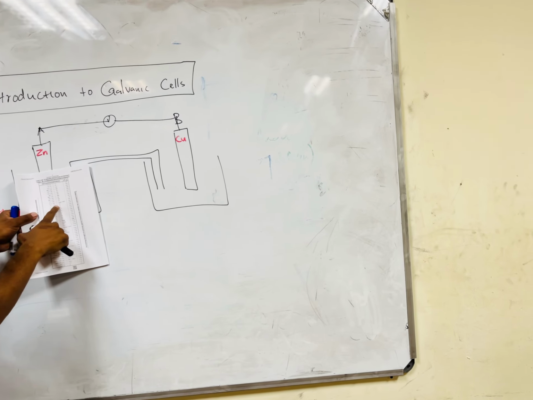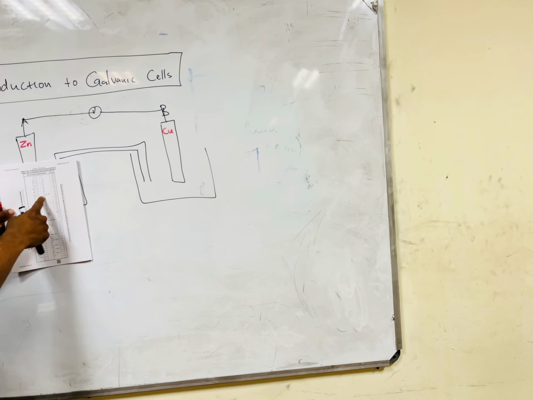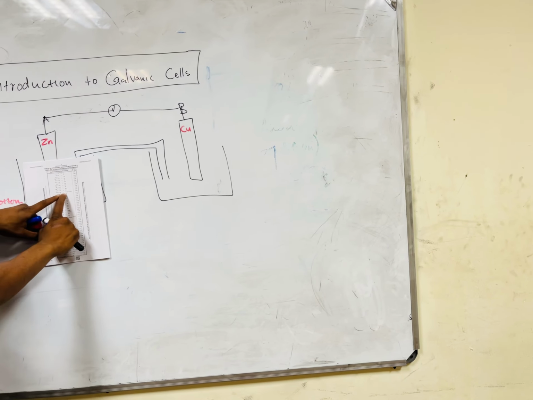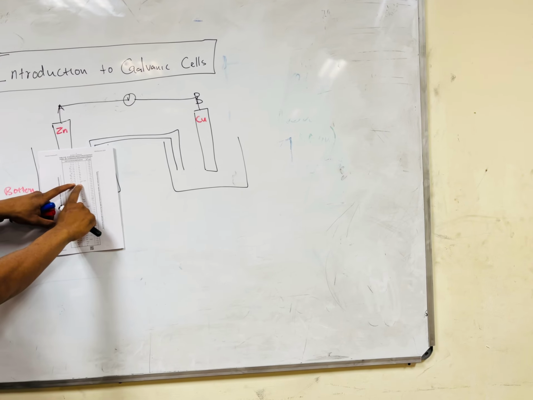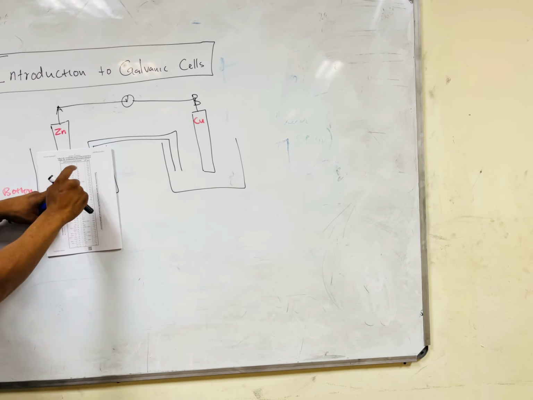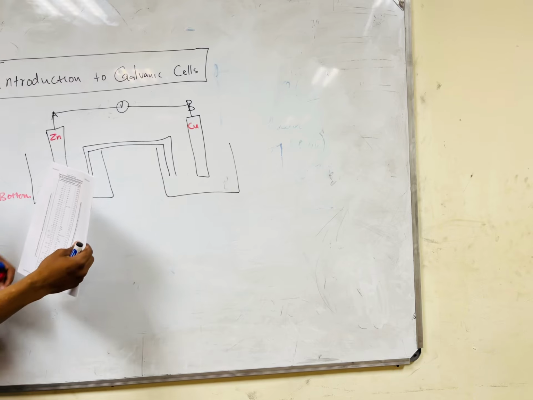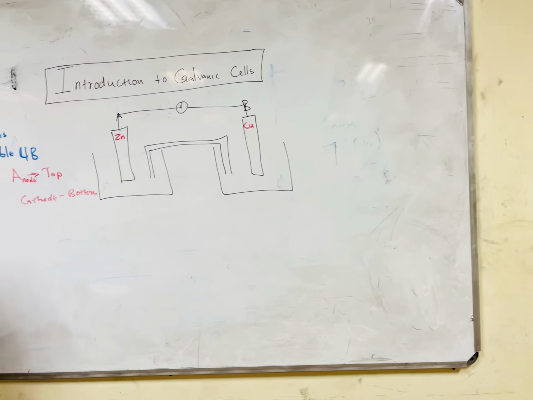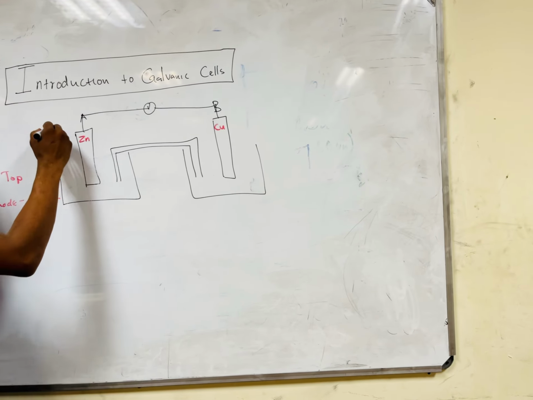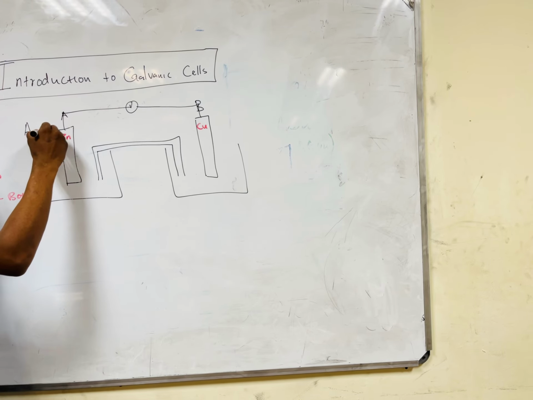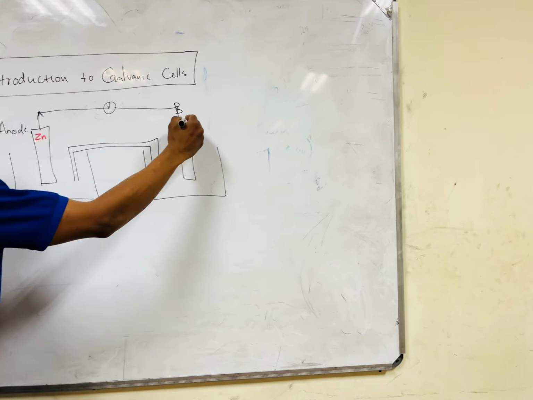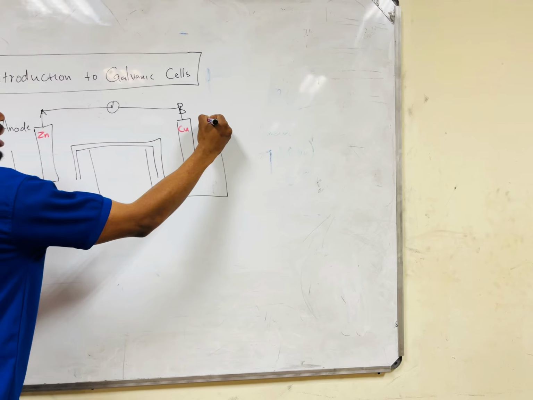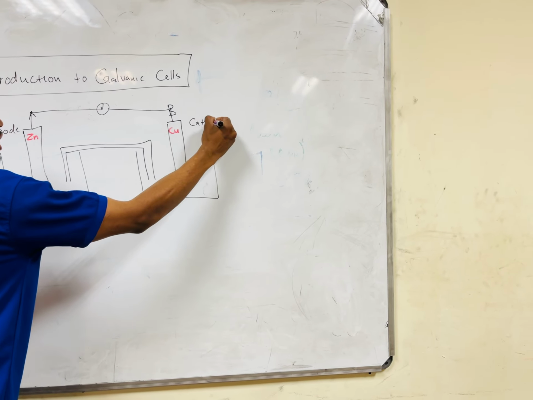We're looking for zinc or copper, the one that you find first at the top. You see, zinc is there at the top. It means that zinc will be our anode in this case because zinc is the top half reaction. So we agree that zinc is the anode and Cu will be the cathode according to this example.